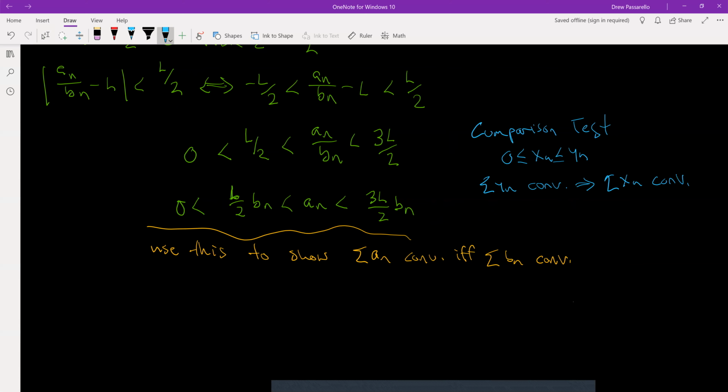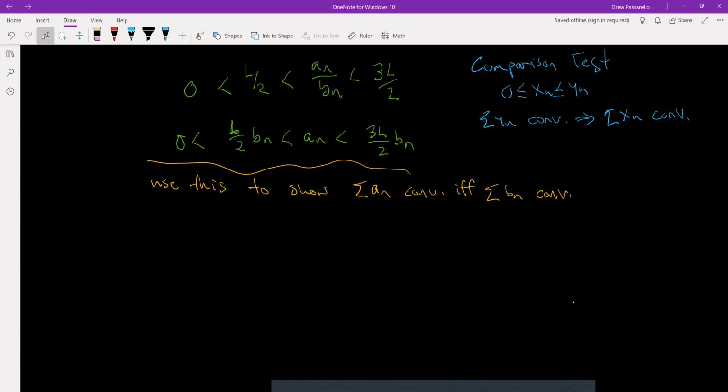All right, so note that this is bigger than that. So if the series 3L over 2 times bn converges, that means we have 3L over 2 times the series bn converges, which means the series bn converges.